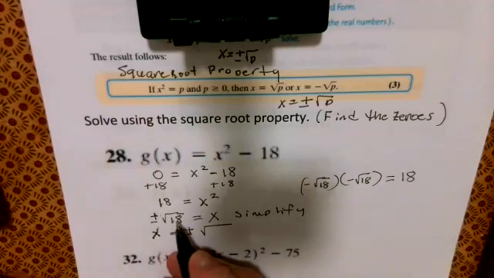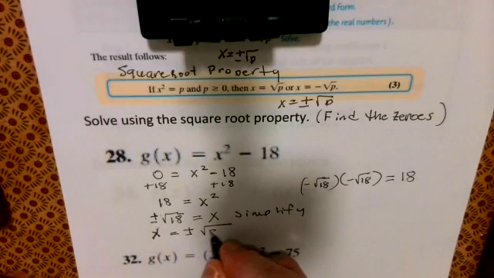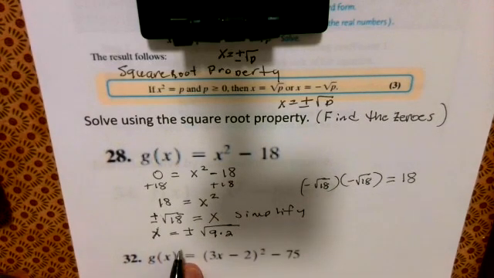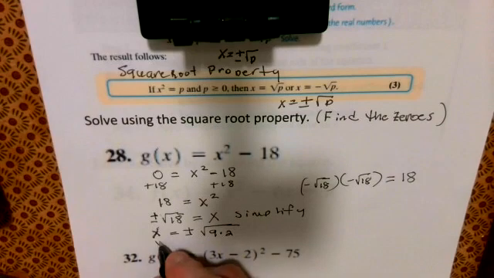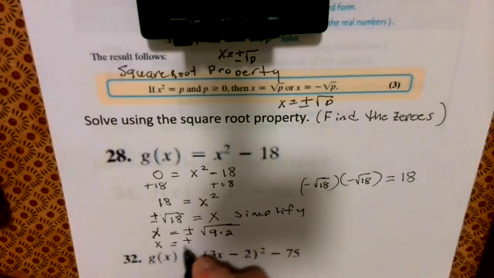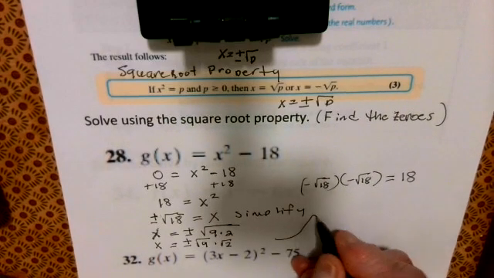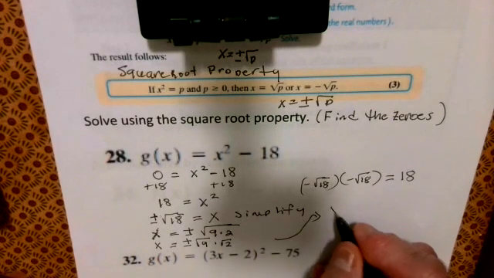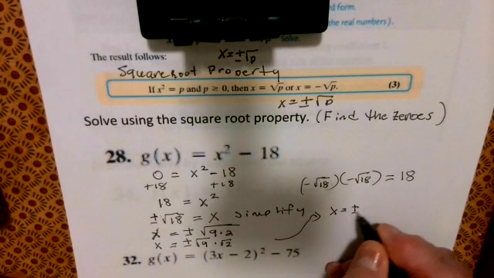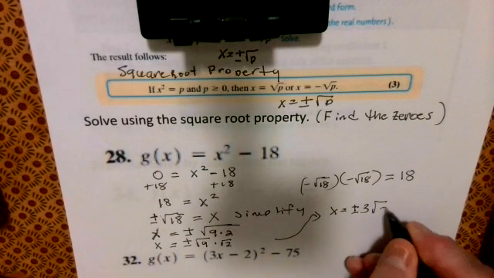Now, 18 is divisible by a perfect square number. It's divisible by 9, which is a perfect square. So I'm going to write it like this. You can break it apart into the square root of 9 times the square root of 2. But then that's going to give me x equal plus or minus 3 times the square root of 2.